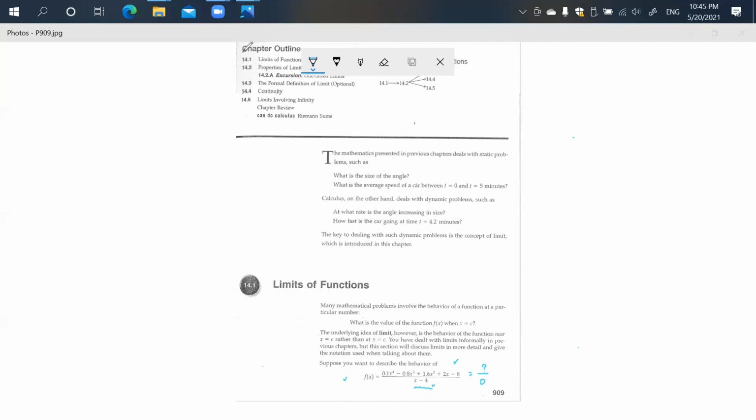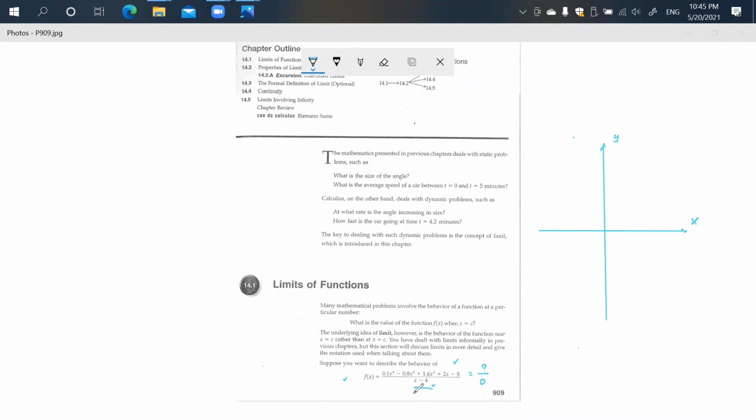Then we go to when you plot the graph. Just see, if we plot the graph here, this is y and this is x.